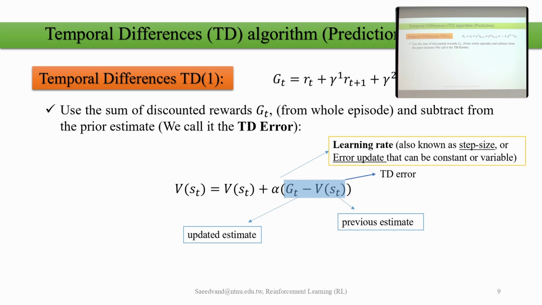Now we want to use the sum of the discounted rewards from the whole episode and calculate the TD error. What is the TD error? The TD error is over here. So we say we can calculate the value of the state t by adding to the value of the state t the difference between GT and the value of the state t.